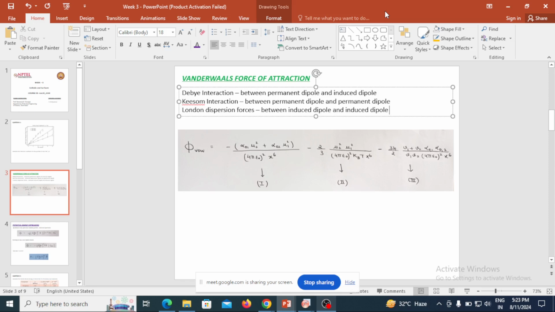So if you take H2O or HF or HCl, the elements apart from hydrogen, that is your oxygen, fluorine or chlorine, are more electronegative compared to hydrogen. Since they are more electronegative, they have a tendency to attract the electron towards them.